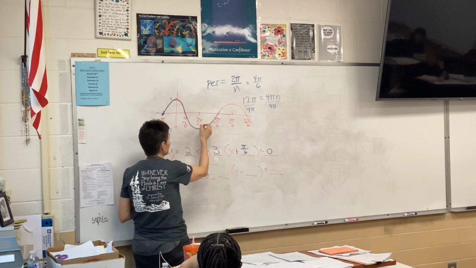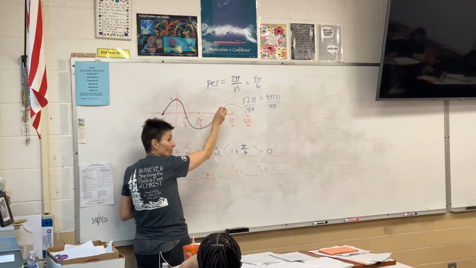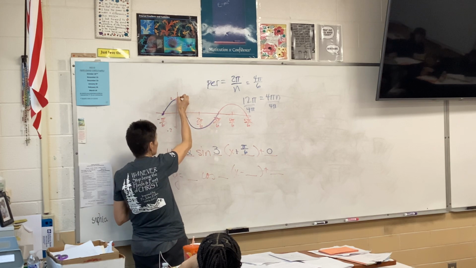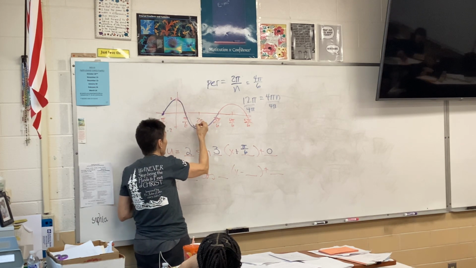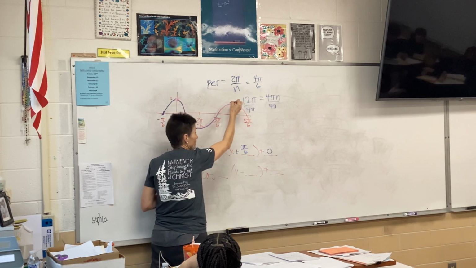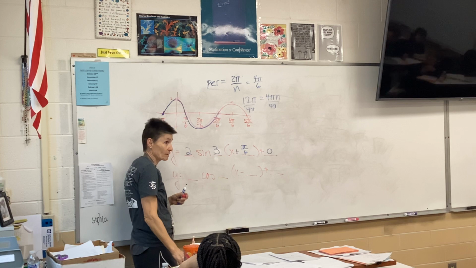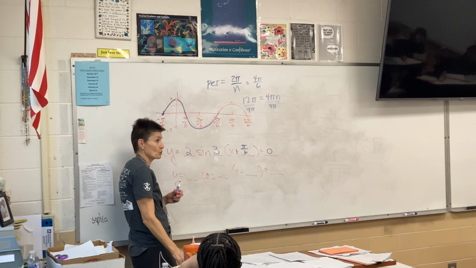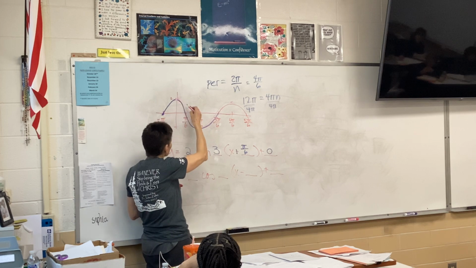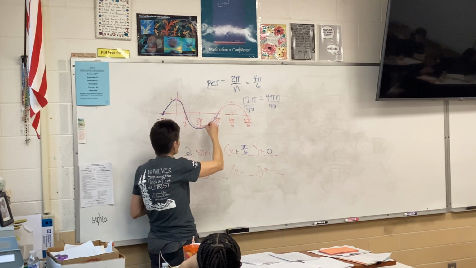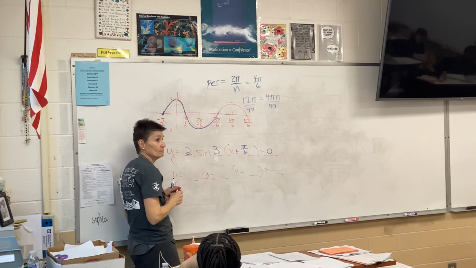Now that would be a sine curve. If you started here, that would be a sine curve. So you could start here. Could you start here? That would be one possible cosine curve. Remember, cosine curves start at the top or at the bottom, depending on which direction they're going.